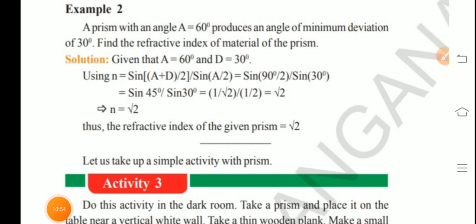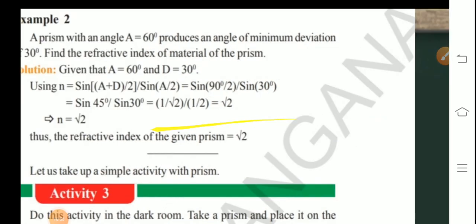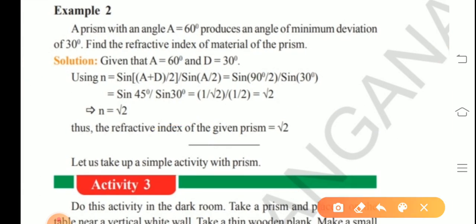After solving, we get sin 90 by 2, in the sense sin 45, divided by sin 30, since A is 60, 60 by 2 is 30. I hope you know this very well in trigonometry, which you have already learnt.